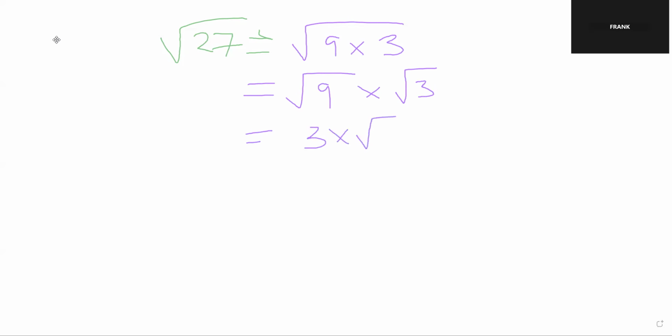So you try 9. 9 can do, because 9 times 3 is 27. So once 9 times 3 is 27, you just write it as such, 9 times 3. So the splitting will work here with root 9 times root 3. Root 9 is 3, so we have 3 root 3. And that ends it.